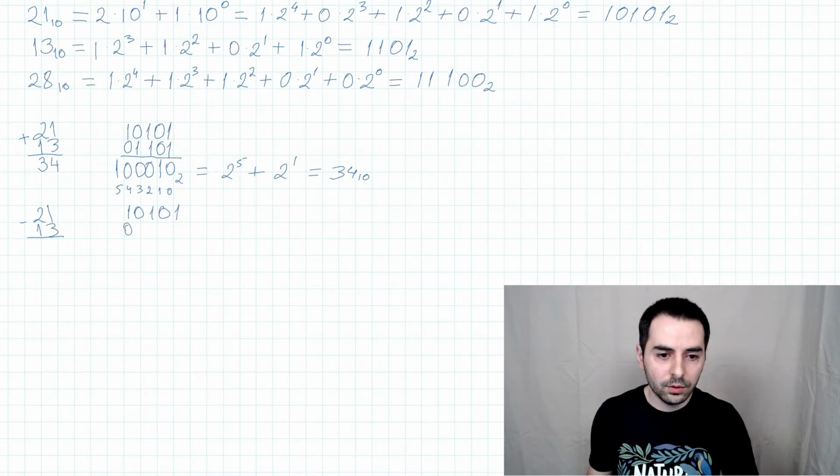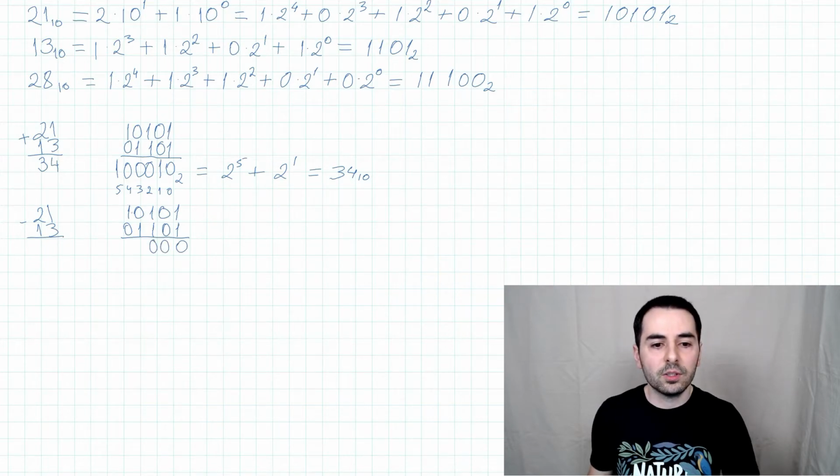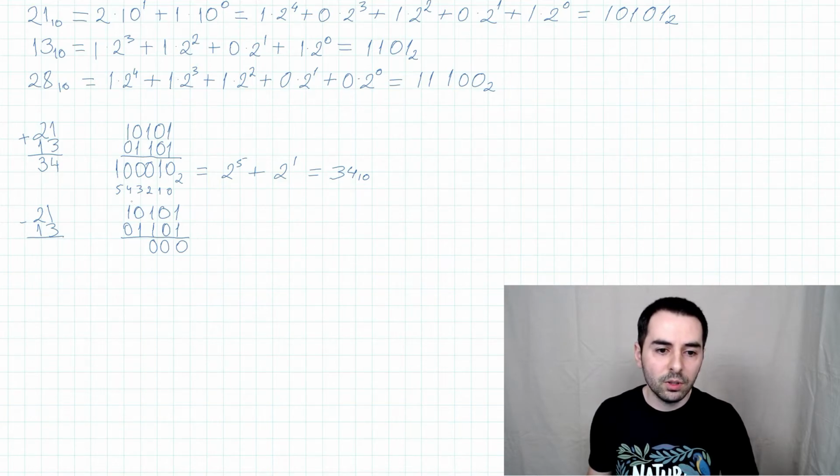And then we have 0, 1, 1, 0, 1. So 1 minus 1 is 0, 0 minus 1... Here we do the same thing as we would do for decimal. Since we cannot subtract 1 from 0, we borrow from the next position.